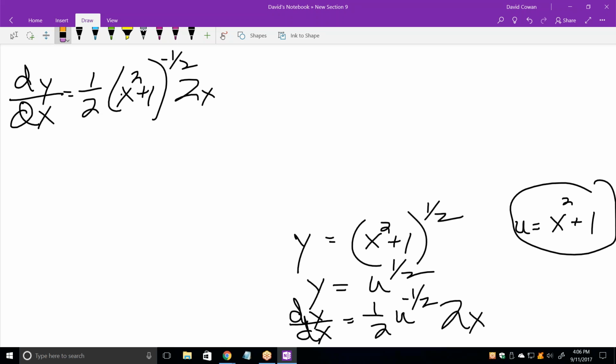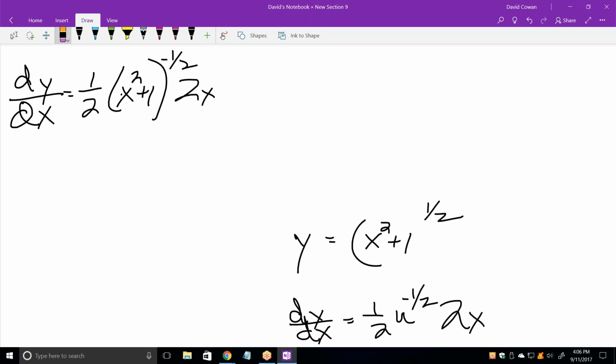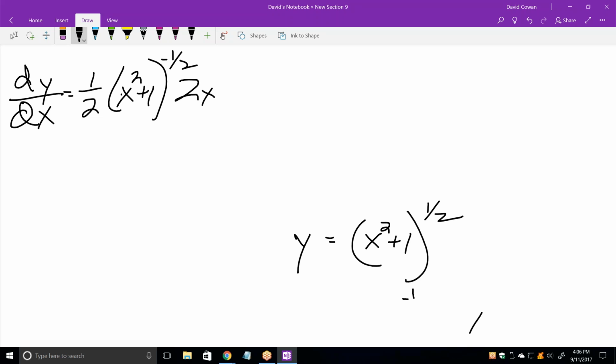So in this problem here, I don't need this over here. I'm going to erase it. And I don't need that, and I don't need any of this. What's the derivative of the outside? Just use the power rule. Treat this as the inside and take the derivative of the outside using the power rule.